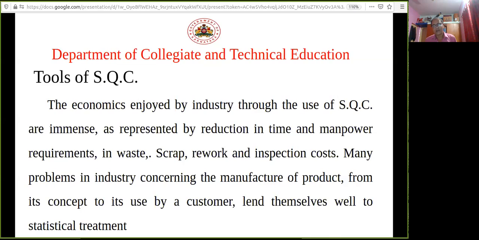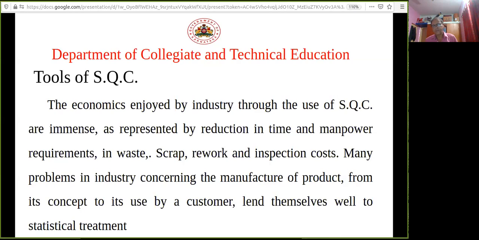So because of the use of the statistical quality control tools, the company enjoys these factors: reductions in the time, manpower requirements, and wastage. There is no waste of the material, there is no scrap, there is no rework, and naturally the inspection cost is less. So it has been enjoyed.